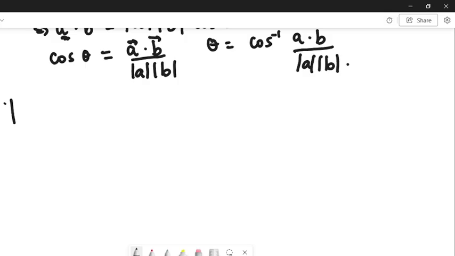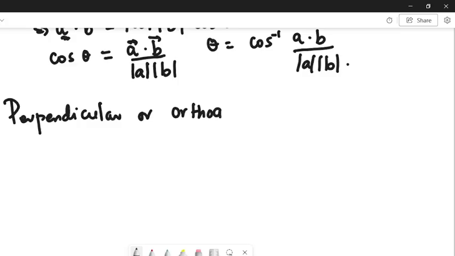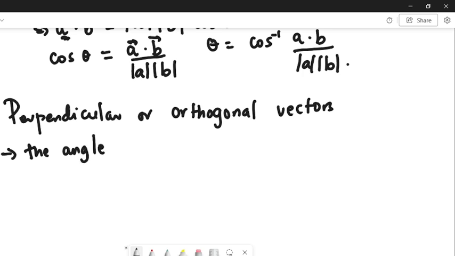Other authors prefer using orthogonal. So perpendicular or orthogonal vectors: two vectors are perpendicular only if the angle between them is 90 degrees. That makes them perpendicular.